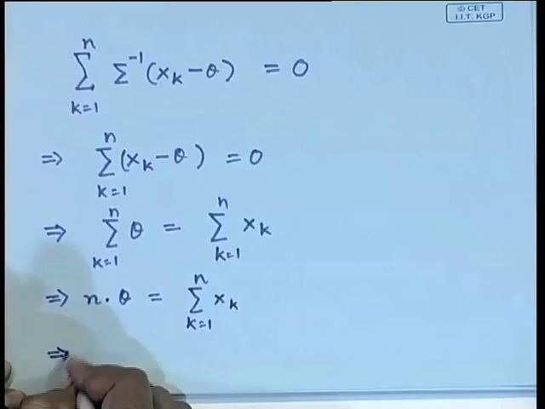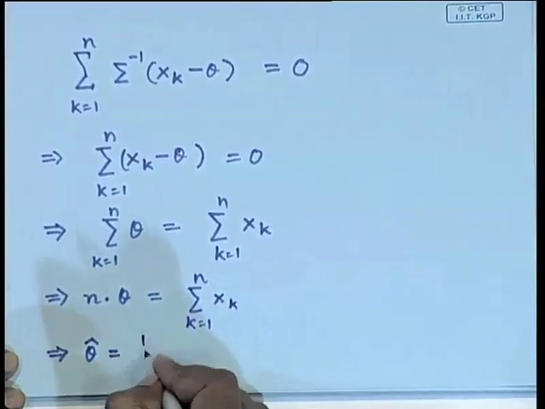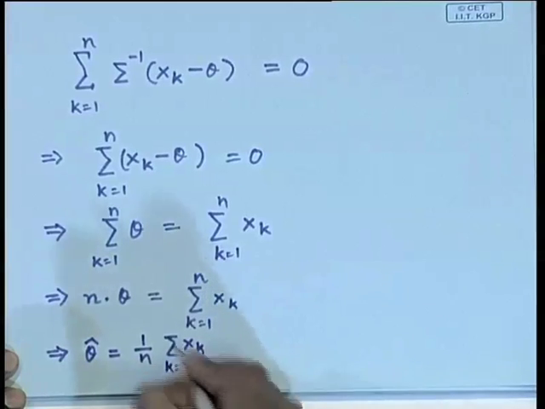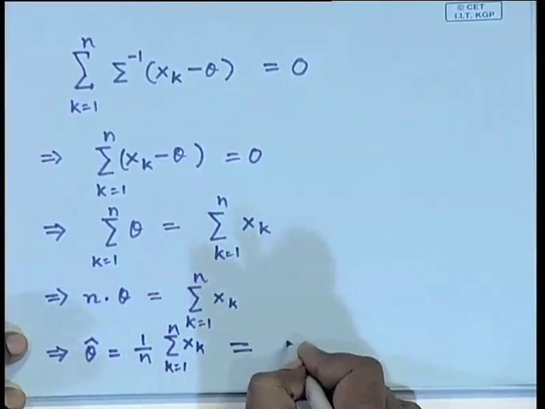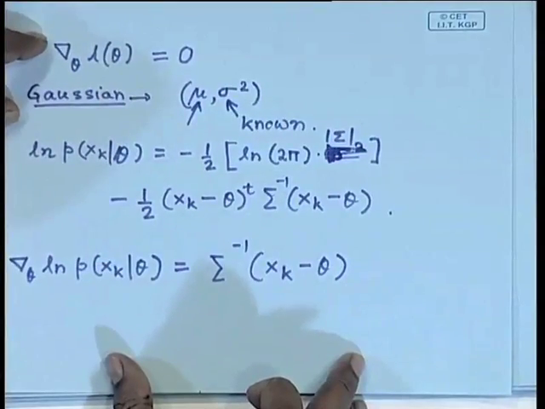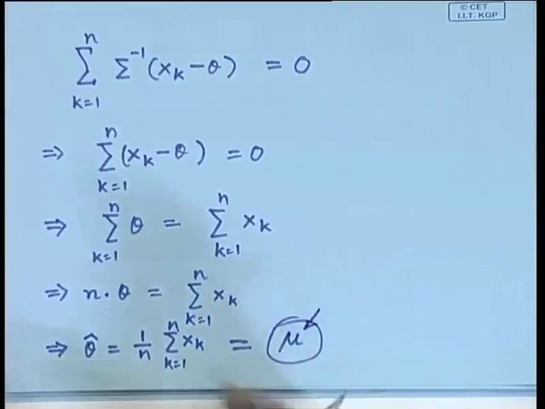So, this gives us the parameter theta, which is nothing but the maximum likelihood estimate theta hat, equal to 1 upon n times the sum of x_k, k varying from 1 to n, which is nothing but the mean mu. Okay. So, I started with this, assuming the mean is unknown. We have followed the procedure of maximum likelihood estimate of the parameters, and we have landed on the unknown parameter, which is the arithmetic mean of the set of samples that I have, which is nothing but the mean.